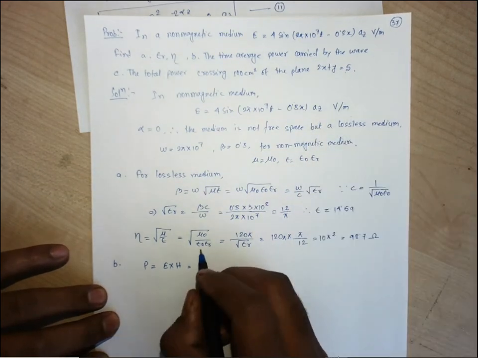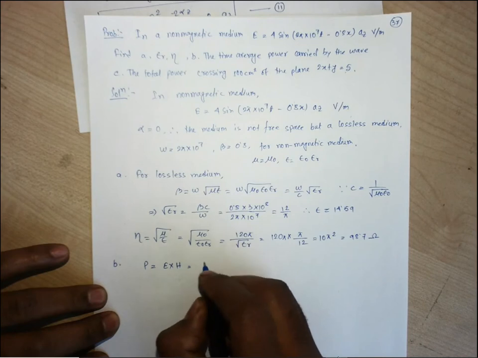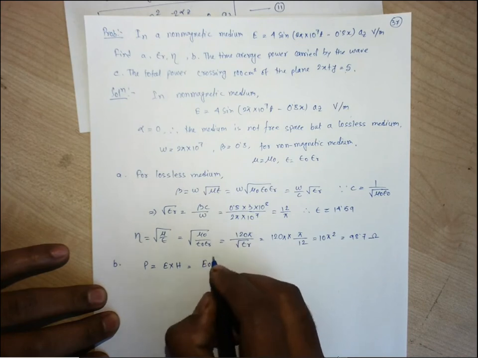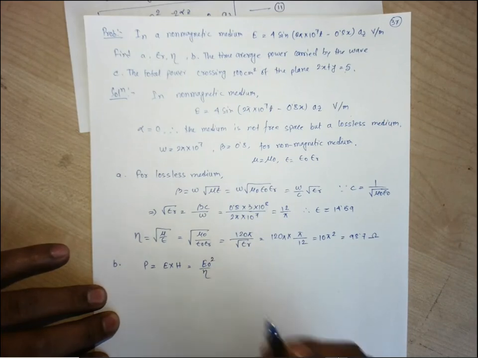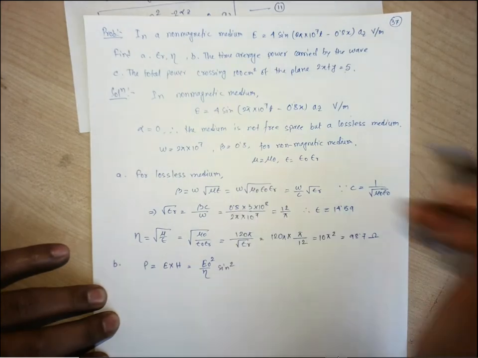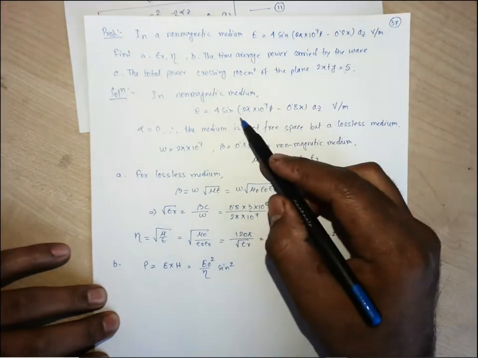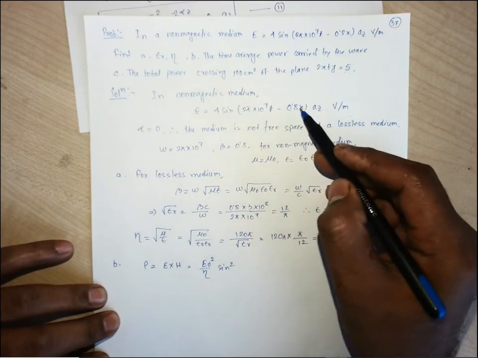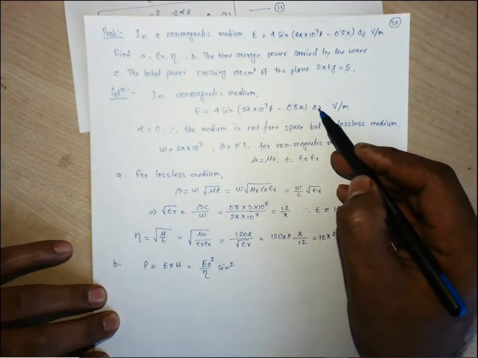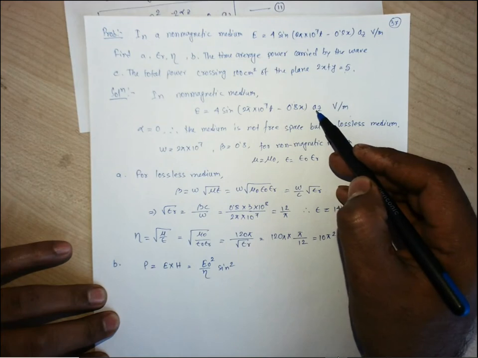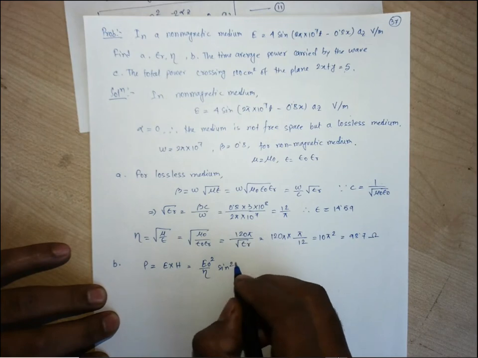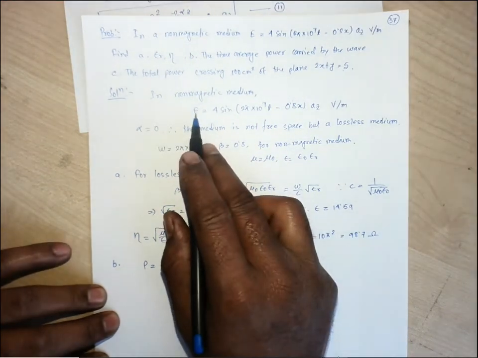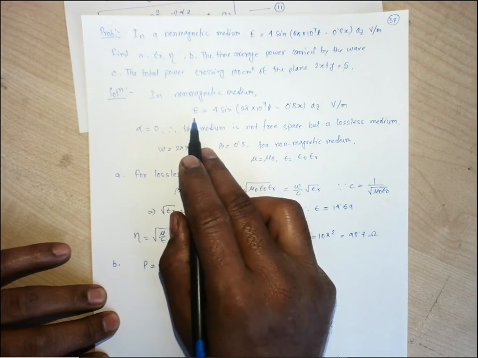So we can have this one as E square by eta sine square. Both of them are x. Sorry, the wave is propagating along x. This is having the z component. E is having the z component. The wave is propagating along x. So sine square. Why have I written sine square? Because H is E by eta.